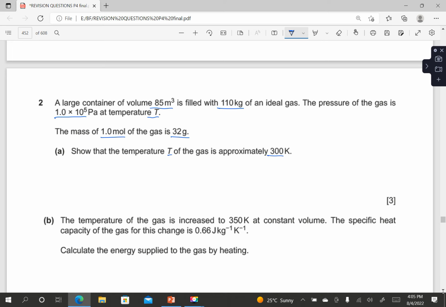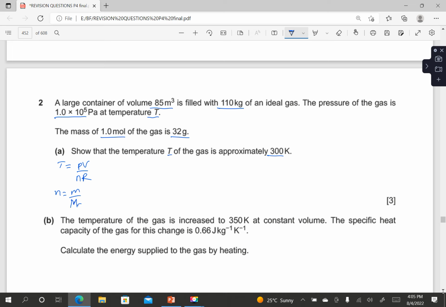First of all, we know that PV is equal to nRT. Making T the subject, T is going to be equal to PV divided by nR. We have P, we have V, we know R. All that we don't know is the number of moles in the 110 kilograms of gas. But we know the number of moles is equal to mass over molar mass.